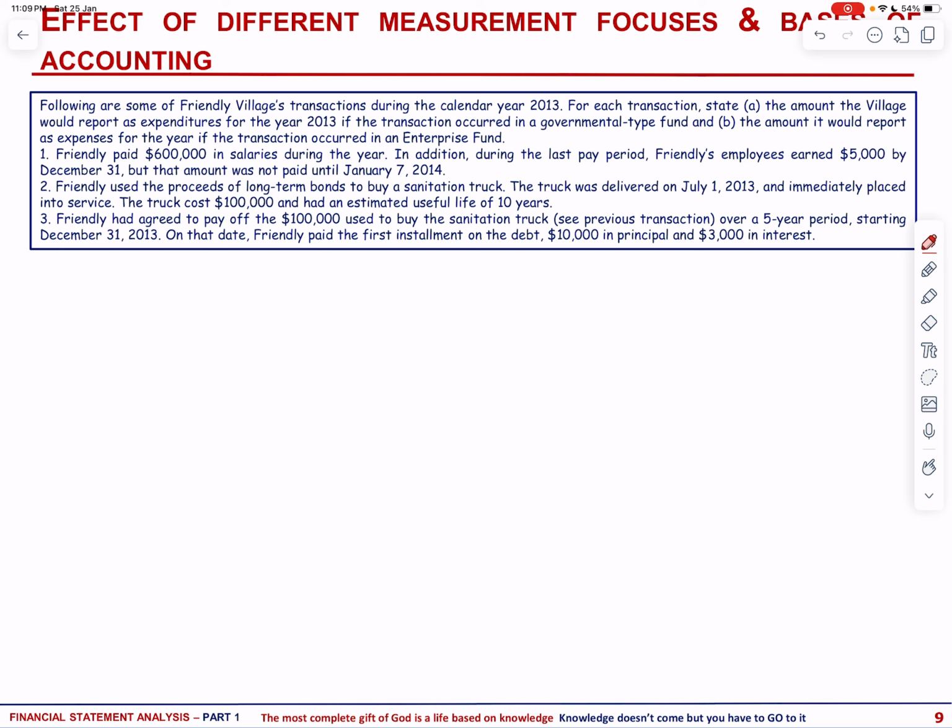Then we go to the third one, that is payment of debt. Now Friendly has agreed to pay the 100,000 used to buy the sanitation truck over a 5-year period starting December 31, 2013. On this date, they have paid 10,000 in principal and 3,000 in interest.